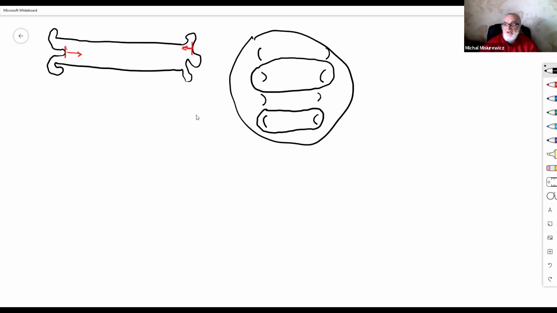Then you will not get this long thing, but you will get something which goes in circles. And then how do you produce a trajectory? That may be difficult. We really didn't think about it. Okay, but this is all.